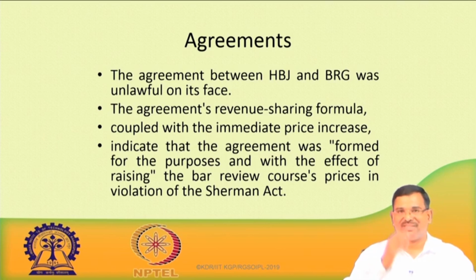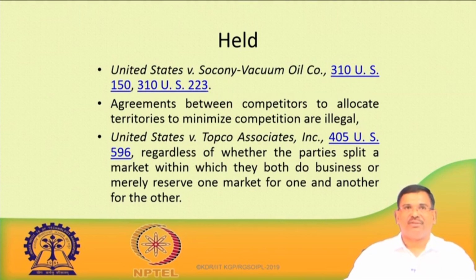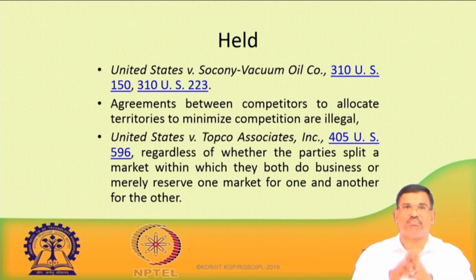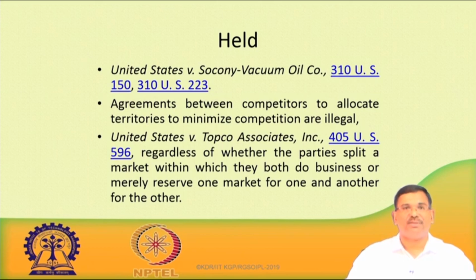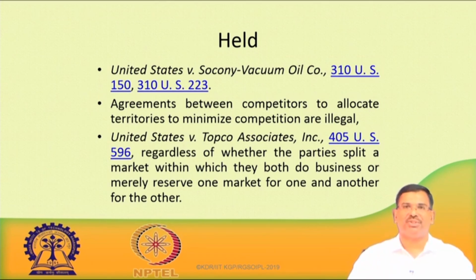So, these are very suspicious in nature, and the prices have gone up. The question is whether these are violations of the Sherman Act, and the court found, by referring to other cases, that agreements between competitors to allocate territories to minimize competition are illegal. Absolutely, whatever the reasons, whether it is your copyrighted material or whether you have a trademark, limiting or allocating territories to limit competition is a violation of the Sherman Act.